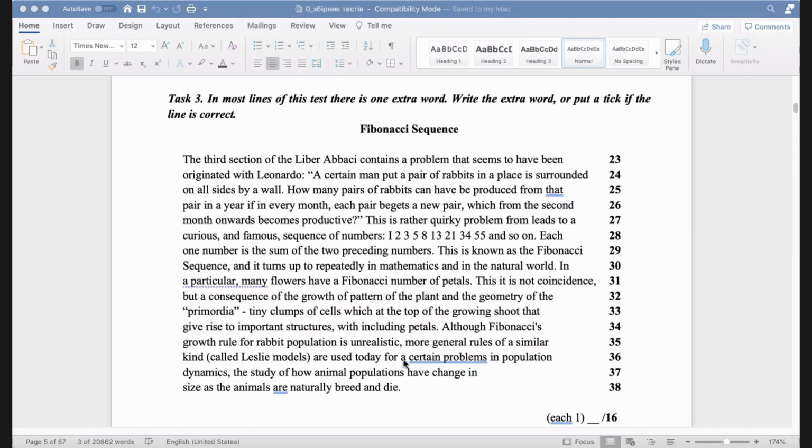What is the odd one out? If you speak about words, then a, because a is one and never used with plural forms. Yes? Yes. Okay, for certain problems. Here we have determined it. So.